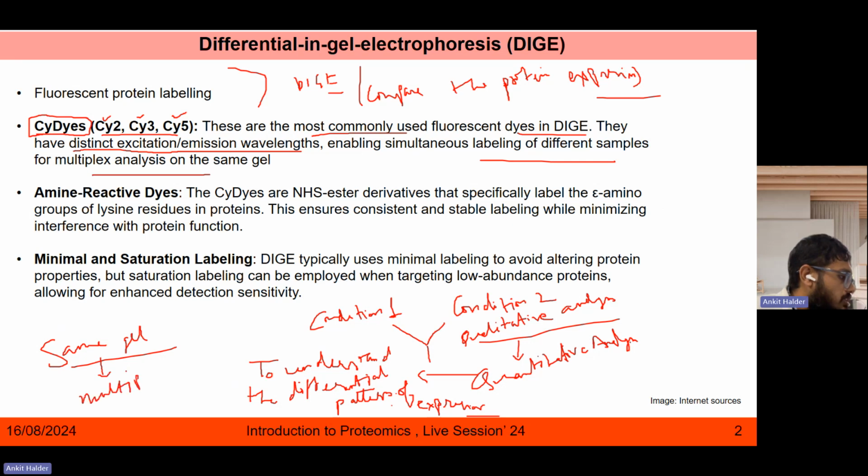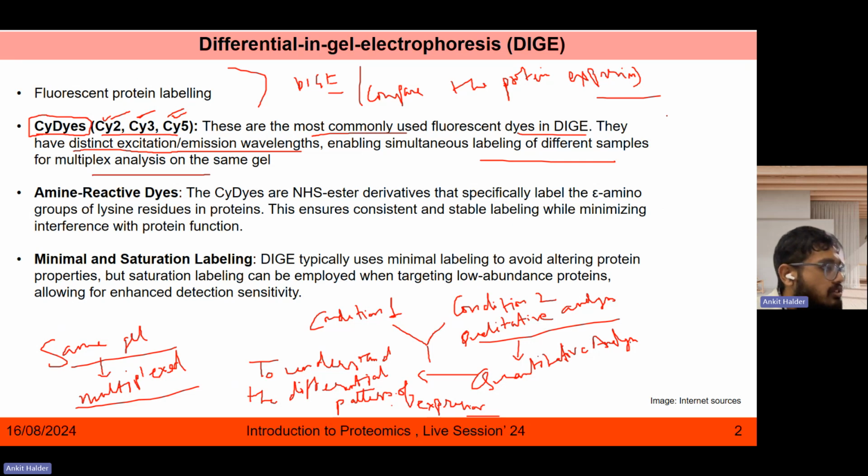Multiplex means more than one sample can be run in a single gel because of these three CyDyes, Cy2, Cy3, and Cy5.